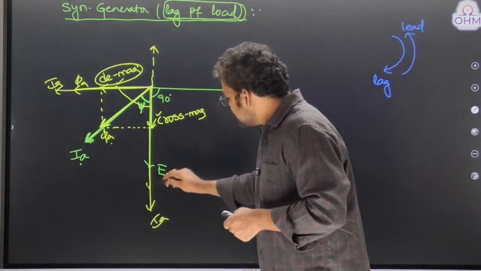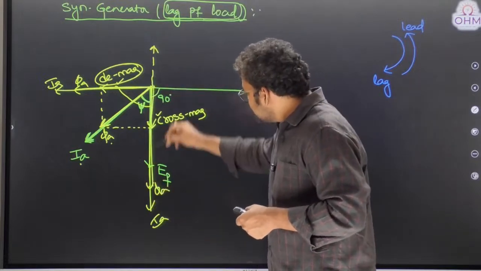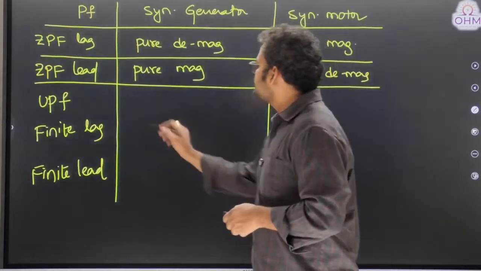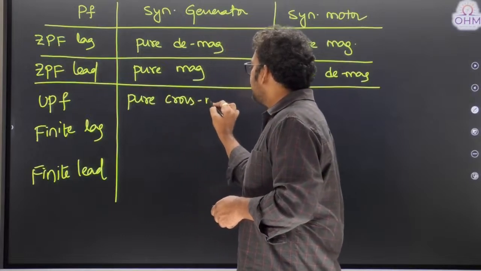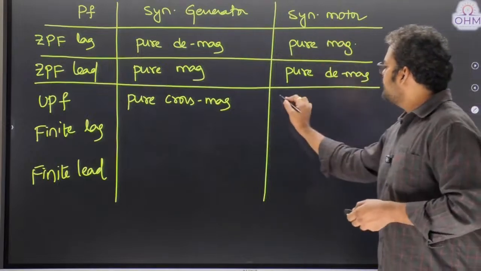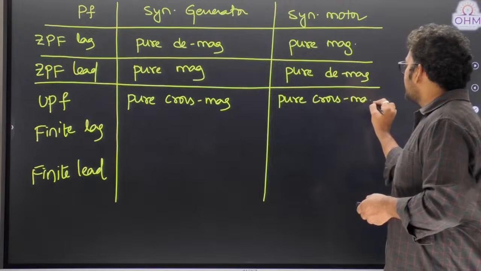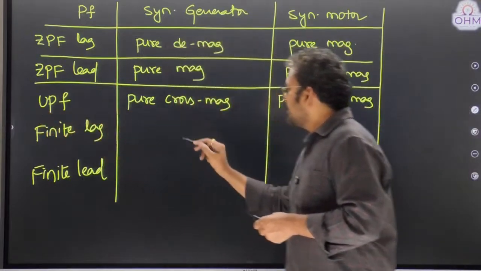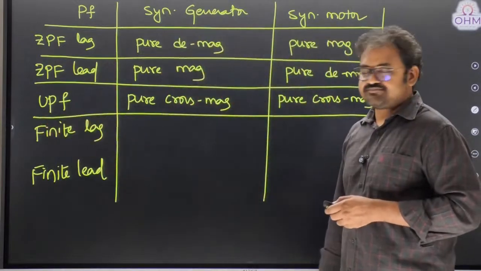Then armature flux is also in the same phase. That means armature flux is completely cross magnetizing. Pure cross magnetization. Even in a motor, if you reverse the current, you will still get cross magnetization only.